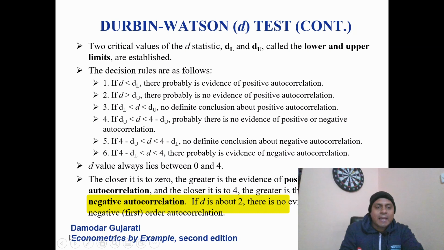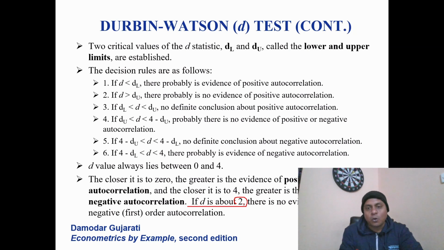If the Durbin-Watson test gives a result close to 2, that shows no evidence of positive or negative first order autocorrelation. If it is less than 2 or higher than 2, of course there is a positive or negative autocorrelation presence in your model.